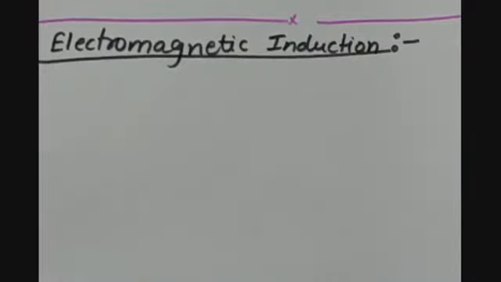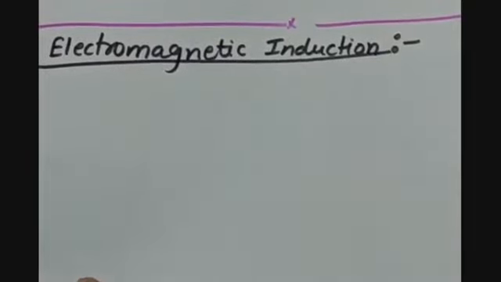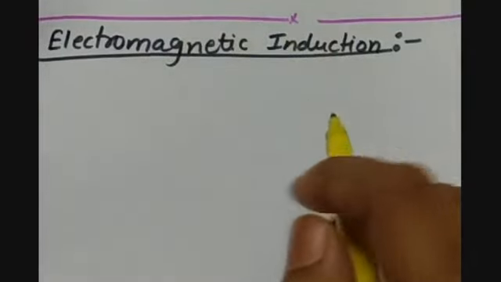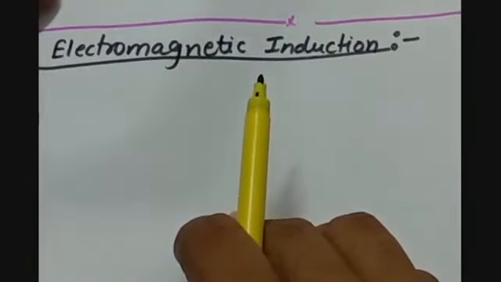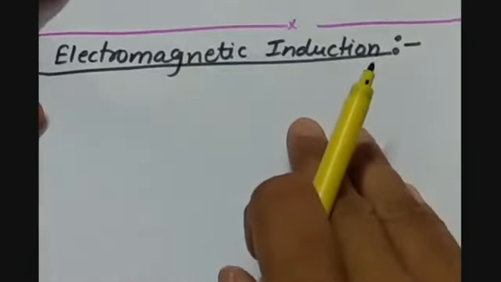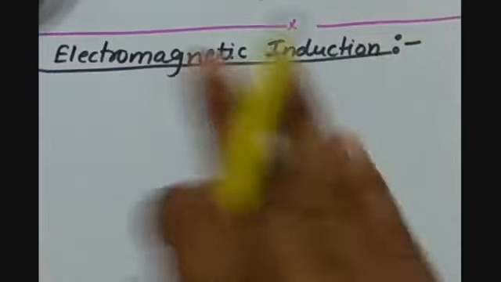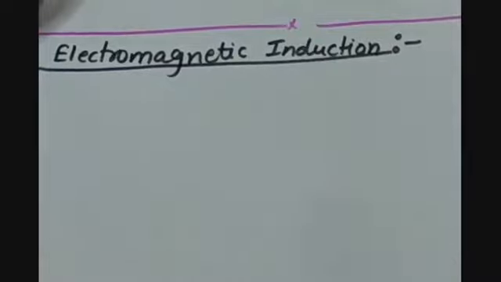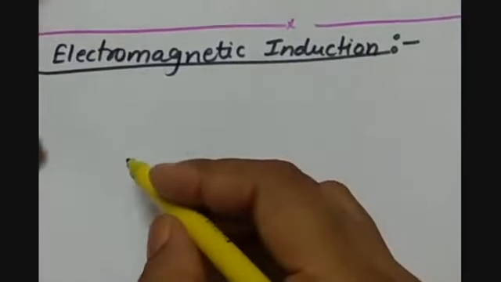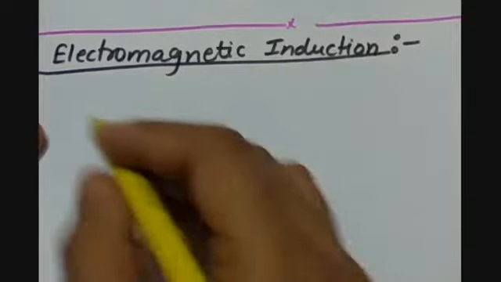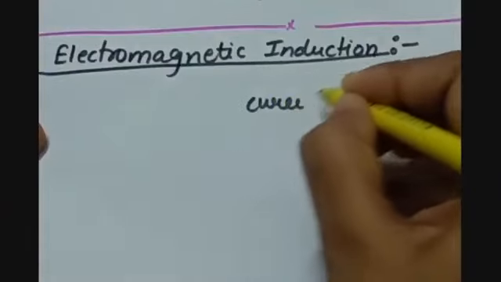In doing that, many experiments were done, like Faraday and Henry, on the basis of electromagnetic induction, to study the reverse effect of the magnetic field on the current. So now in electromagnetic induction, we have to produce current, because we have studied that current can produce the magnetic field.